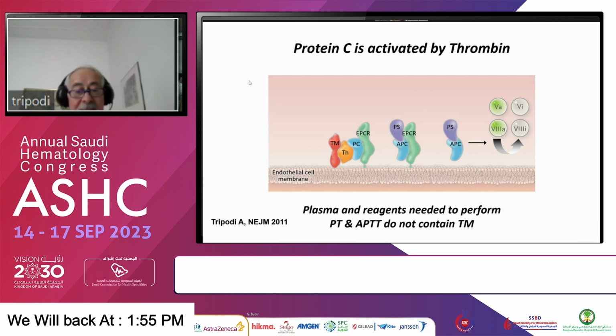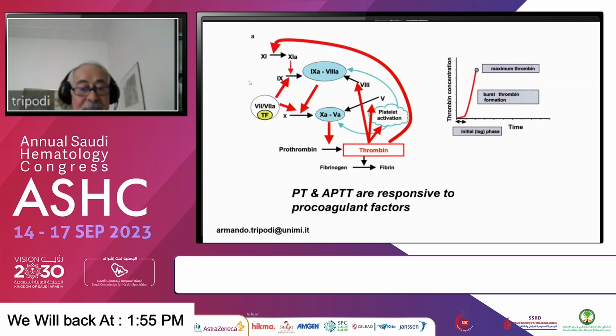For many years, it has kept the attention that the plasma reagents needed to perform PT and APTT do not contain thrombomodulin, and therefore these tests are not valuable in the context of an acquired coagulopathy such as cirrhosis.